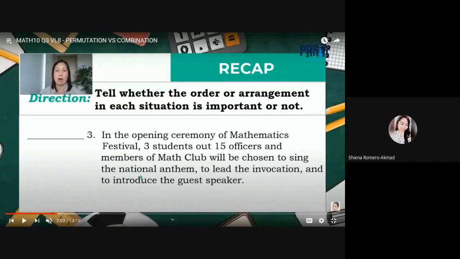Kasi dahil kailangan ng someone for that position, it will be different.